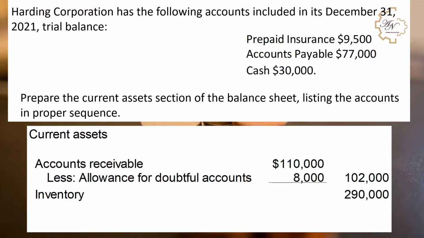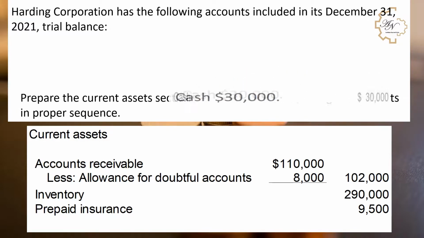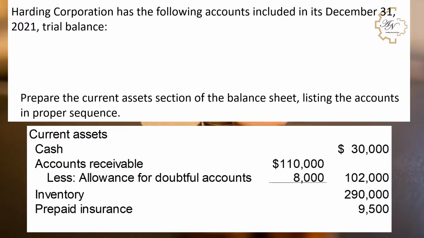It's an intangible asset. Prepaid insurance in the current assets. Accounts payable in the current liabilities. And finally, cash in current assets. Now we have to sum all of these numbers.